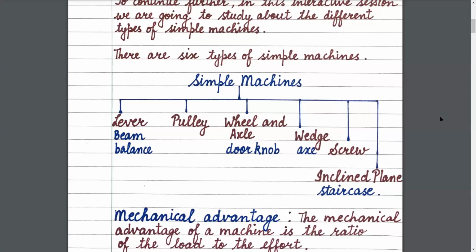Now children, before discussing the different types of simple machines, let us understand an important term related to machines, that is mechanical advantage. The mechanical advantage of a machine is the ratio of the load to the effort. It is basically the advantage of using a machine.